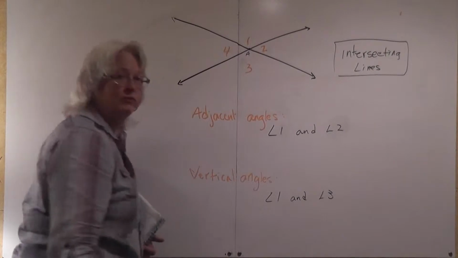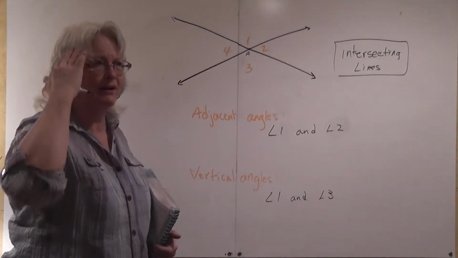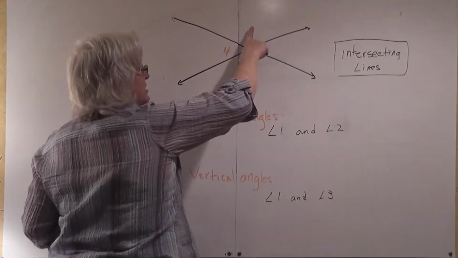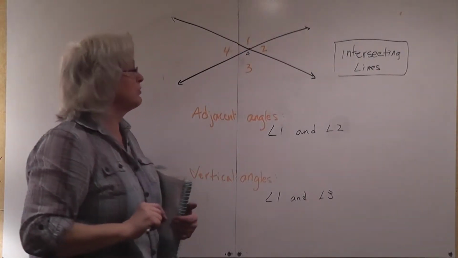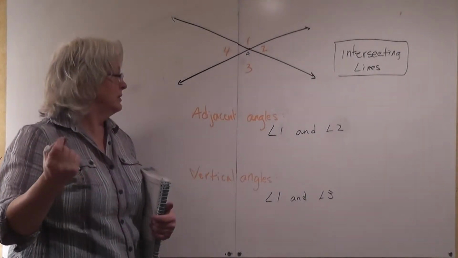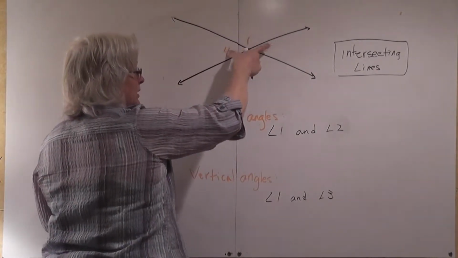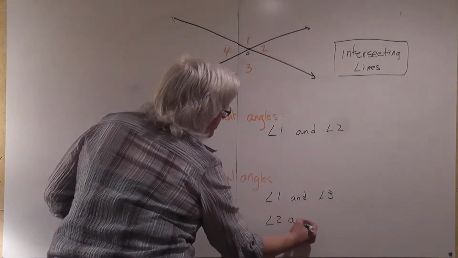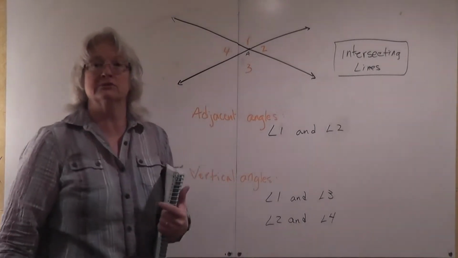Vertical angles are right across from each other. We have a vague memory that years ago we would call vertical angles opposite. They're opposite from one another. So is there another pair of vertical angles besides 1 and 3? Well, yeah. Angle 2 and angle 4 are also vertical angles.